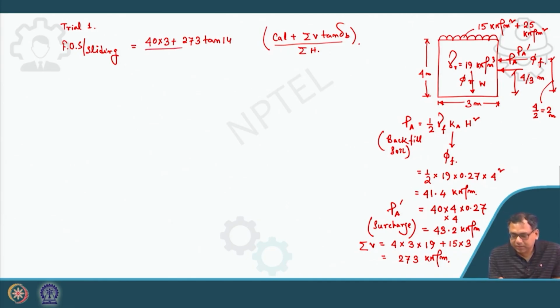So here the summation of all horizontal forces will be 41.4 plus 43.2.